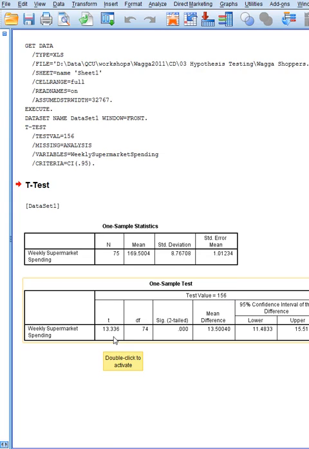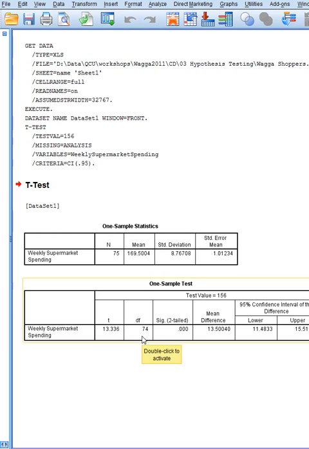So that's a long way away from the test value. Because we know we've got a normal distribution, we know that it's highly unlikely, based on our sample, that the shoppers in Wagga spend $156 weekly on their groceries.